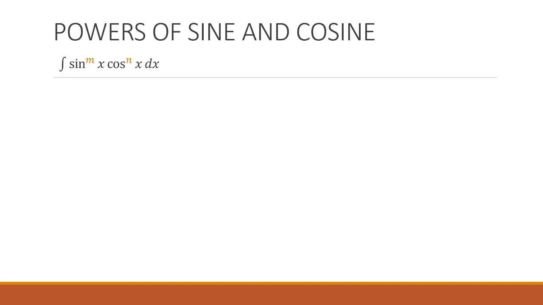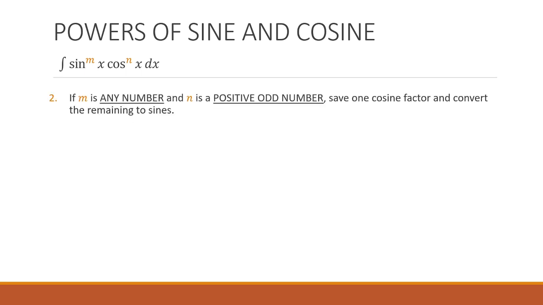Next, case 2, the same concept as the first case, a subcase for powers of sine and cosine. Except instead of the power of sine being a positive odd number, in this case the exponent of cosine is the positive odd number. So the same concept applies, class. Instead of factoring out sine, we factor out or isolate cosine, to be used for du later on.